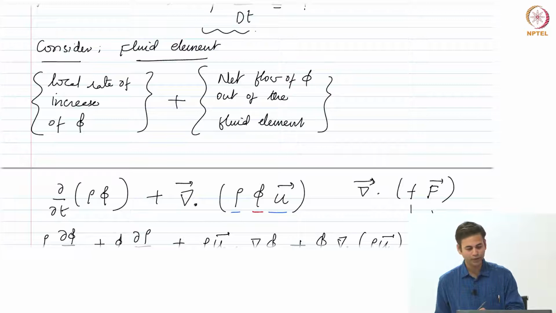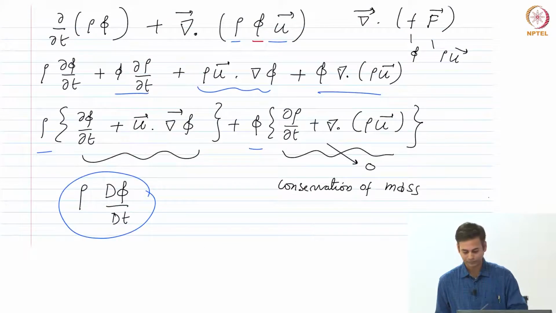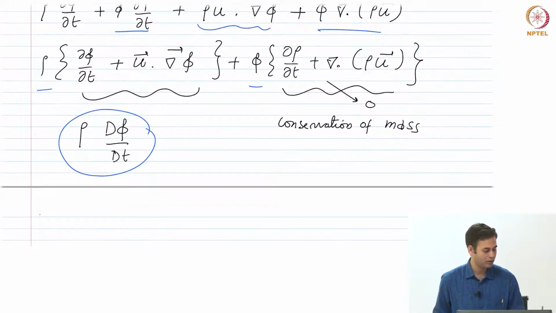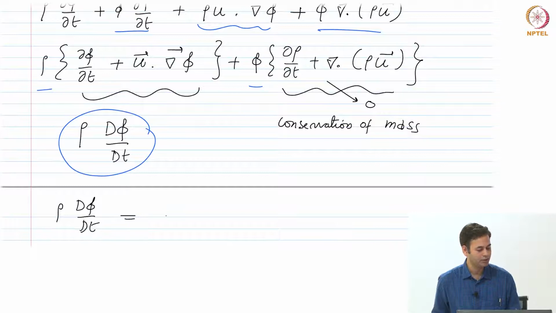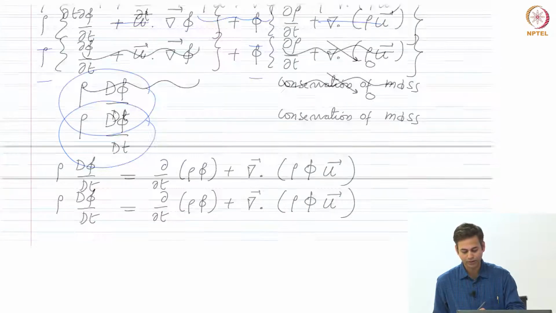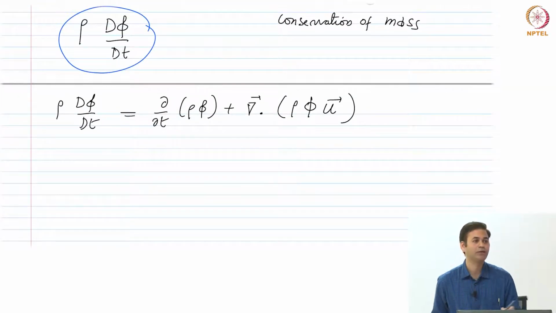Okay. So, what we have just derived is, okay, we said rho d phi dt equals partial t of rho phi plus divergence of rho phi u bar. Okay. So, this is what we started off with and we arrived at this expression, right.